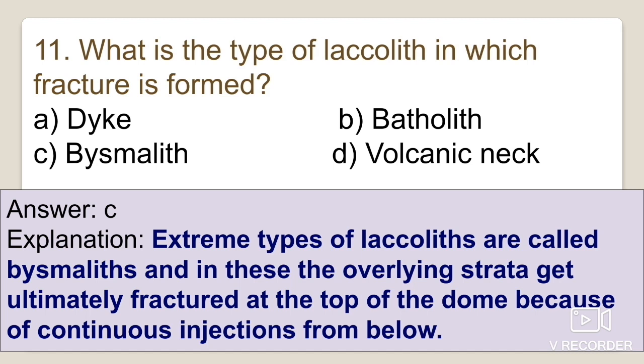The magmatic material has been continuously injected from below, so that's why they get a shape like a bismuth. So the correct option here is option C, that is bismuth.